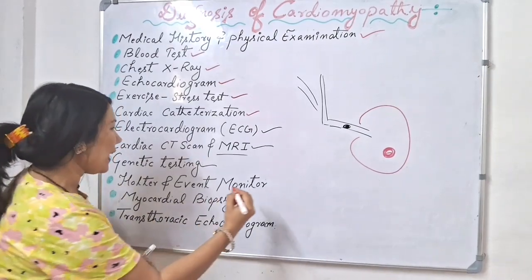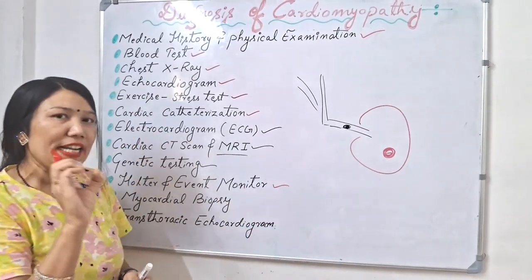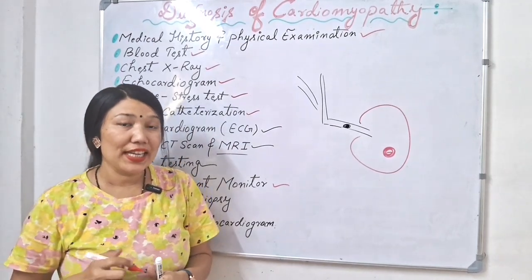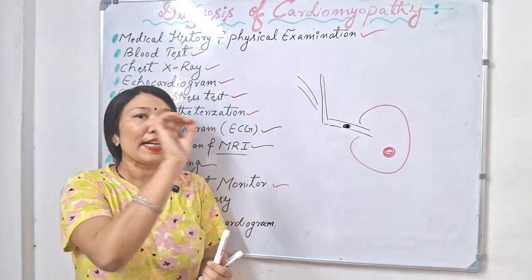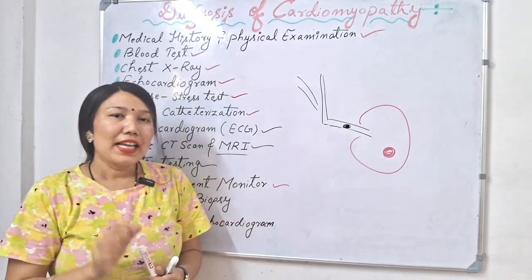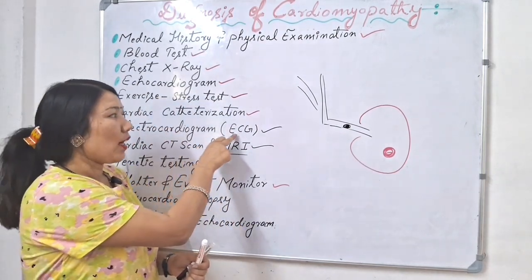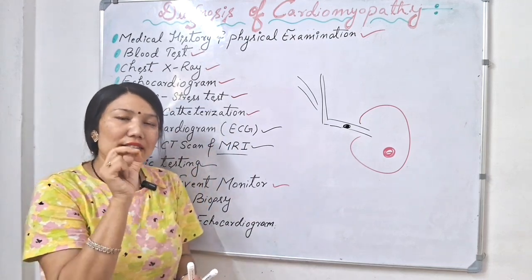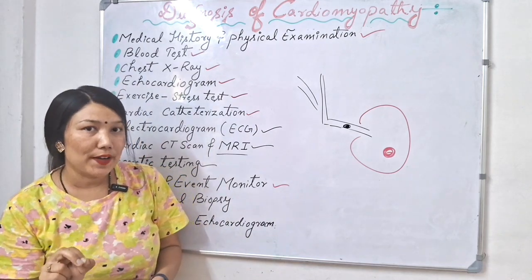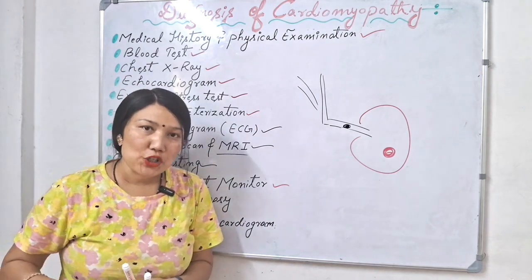Next we have Holter and event monitor. Holter and event monitor is an ambulatory device which is attached to the patient. It will record all the electrical activity of the heart in a 24-hour period. In an ECG it is recording the instant rate and rhythm of the heart, but in a Holter event monitor we attach a machine to the patient.